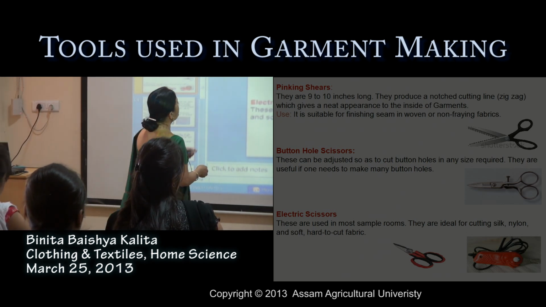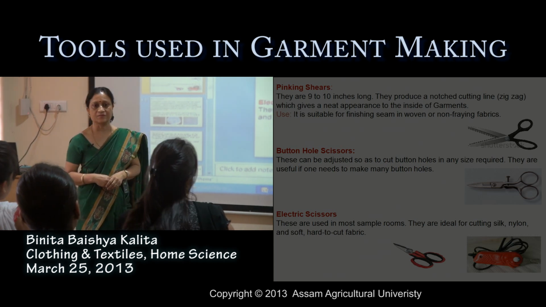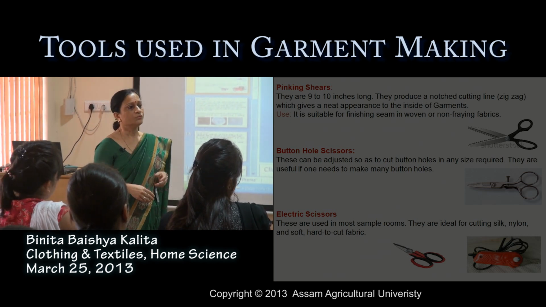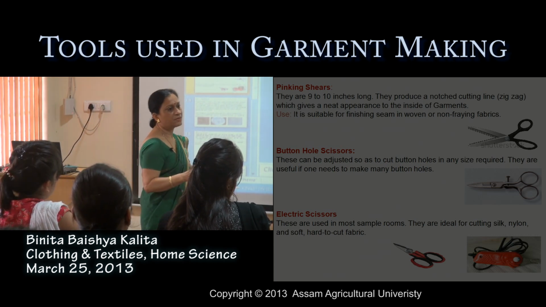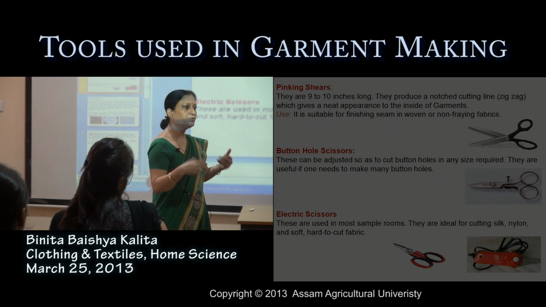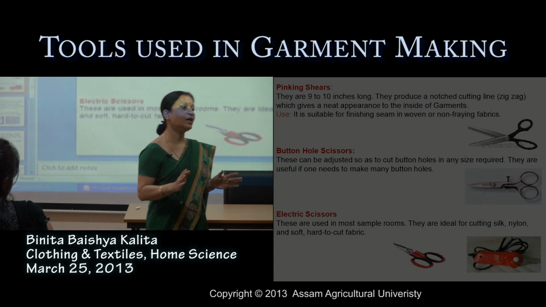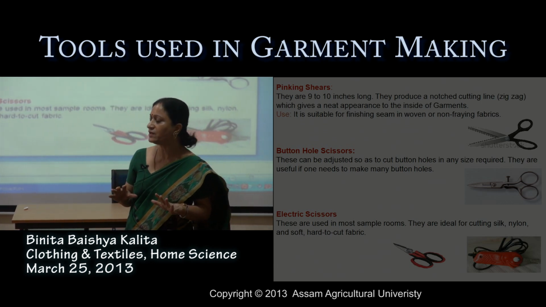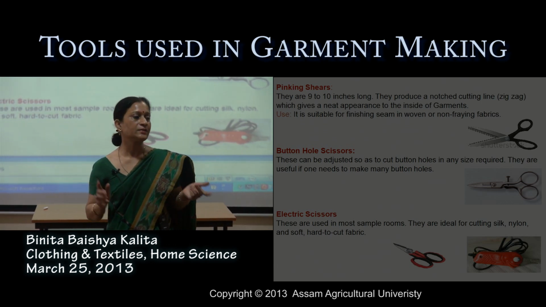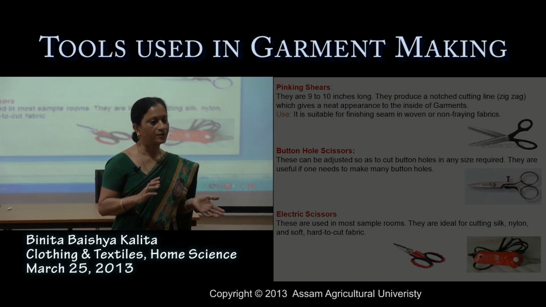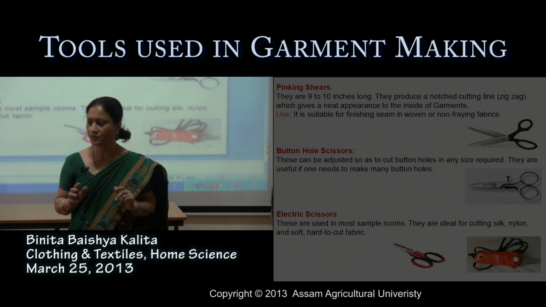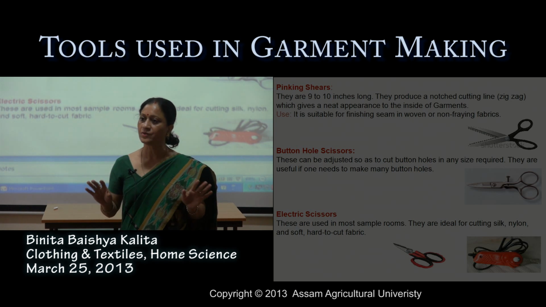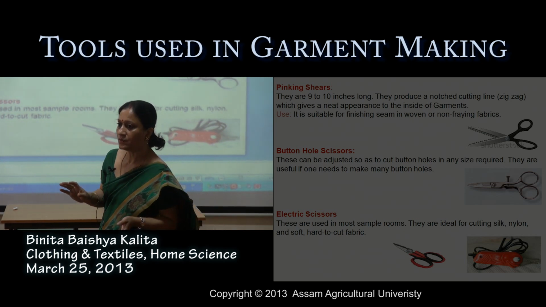Okay. Then buttonhole scissors. All of you know that if you stitch a garment, you have to close the garment also. To close the garment, we use fasteners, and the button and buttonhole is one type of fastener. I think all of you are familiar with button and buttonhole.